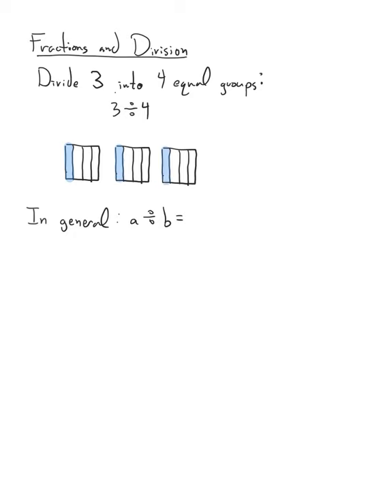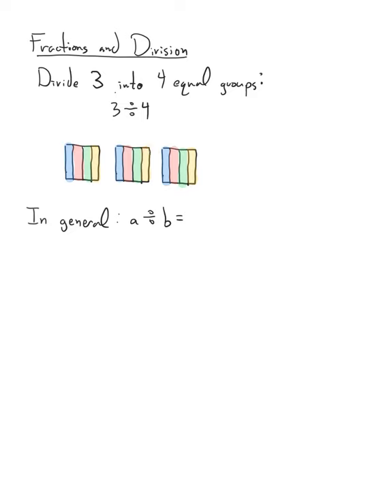So I have the blue group, that's 1 group. The red group, that's 2 groups. The green group, that's 3 groups. And the yellow group, that's 4 groups. So I have 4 groups here. 1, 2, 3, 4. A blue group, a red group, a green group, and a yellow group. They're my 4 groups of equal size.